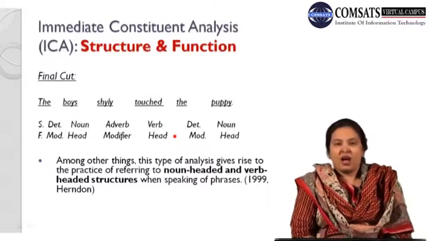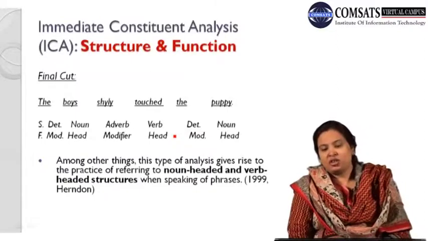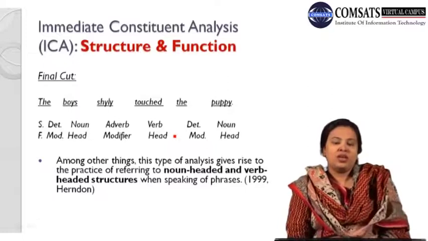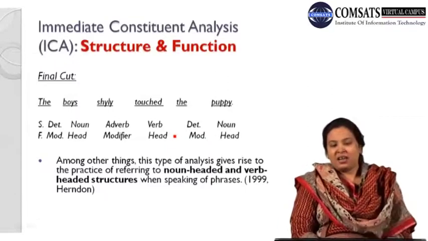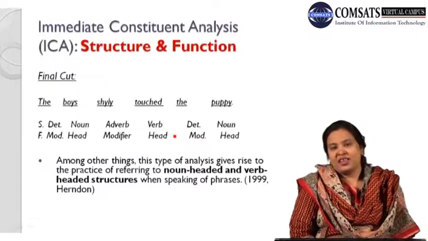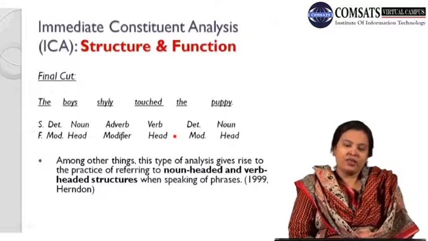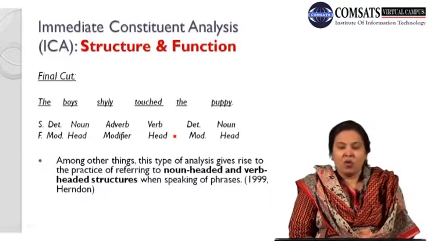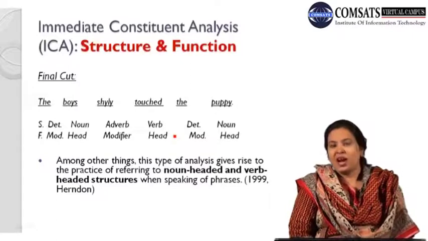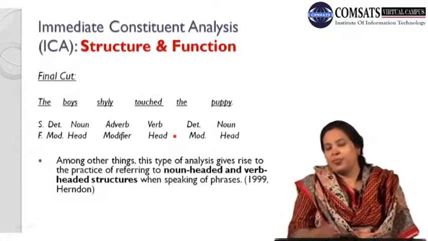For example, the boys shyly touched the puppy. Now every individual constituent: the, determiner, article, function, modality. Boys, noun, function, head; it is the head of the noun phrase. Shyly, adverb, function, modifier, because it is modifying how he touched, shyly touched, giving information about the verb.